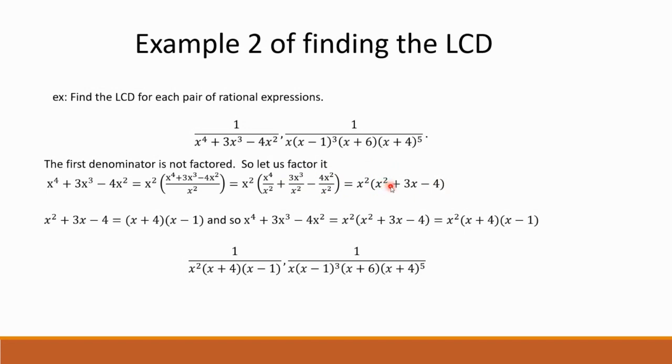Now we have to factor this thing. Just like before, it's a trinomial, meaning there's three terms, right? Leading coefficient is 1, and the degree is 2. So we want two numbers whose product is -4 and whose sum is 3. That would be 4 and -1, you can see that from here.